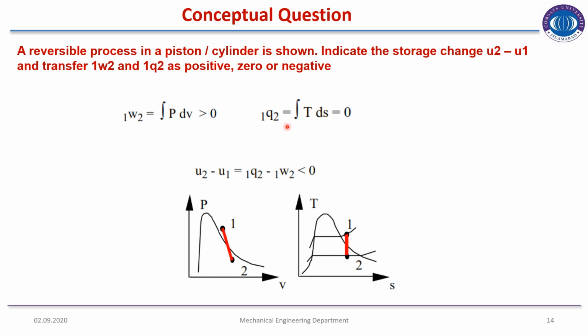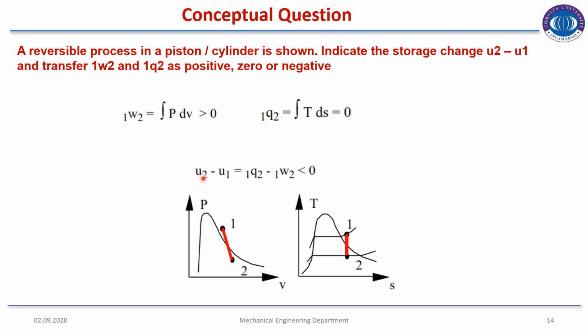Second, to calculate heat transfer, Q1 to 2 is integration of T dS. As it is an isentropic process, the value of entropy is constant, therefore dS is 0 and Q1 to 2 is also 0.